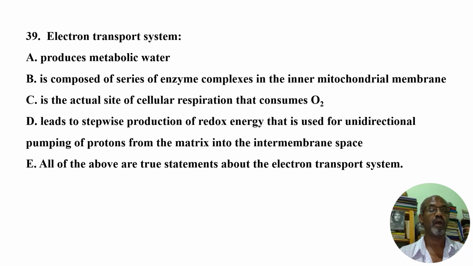Now, question 39, electron transport system produces metabolic water, is composed of series of enzyme complexes in the inner mitochondrial membrane, is the actual site of cellular respiration that consumes O2, leads to stepwise production of redox energy that is used for unidirectional pumping of protons from the matrix into the intermembrane space.